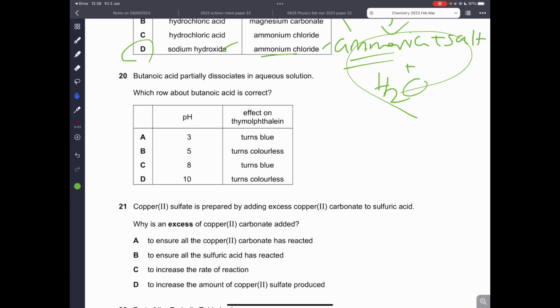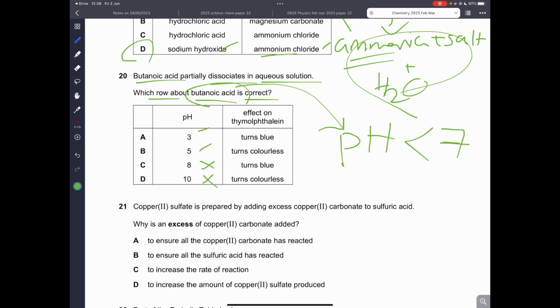Okay, continuing. Question 20. Butanoic acid partially dissociates in aqueous solution. Which statement about butanoic acid is correct? Since it is an acid, it has to have a pH that is less than 7. So it's not going to be 8 or 10, it's either going to be 3 or 5. But remember that it only partially dissociates, and therefore it is a weak acid.